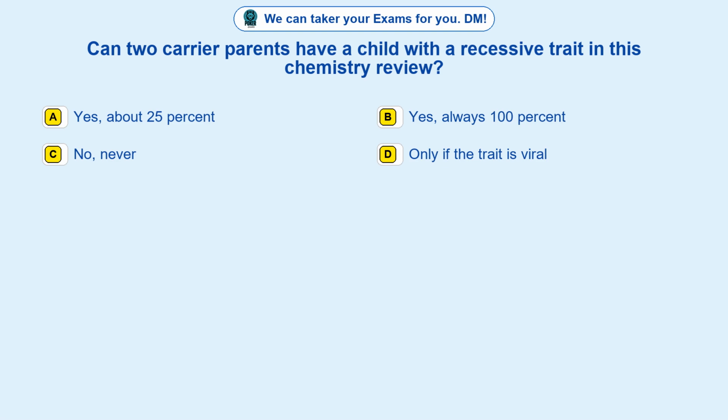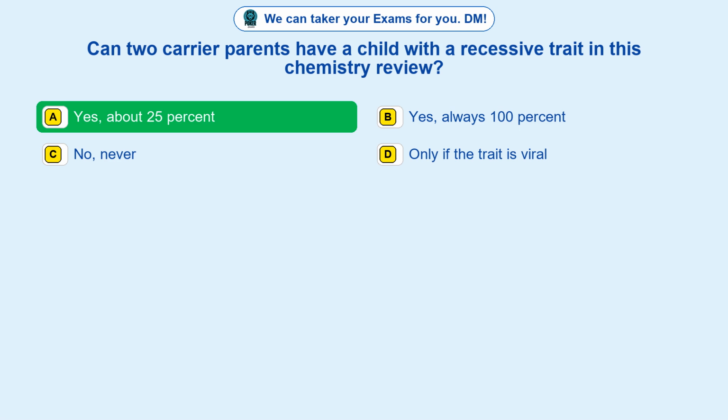Question 11. Can two carrier parents have a child with a recessive trait in this chemistry review? Option A. Yes, about 25%. Option B. Yes, always 100%. Option C. No, never. Option D. Only if the trait is viral.